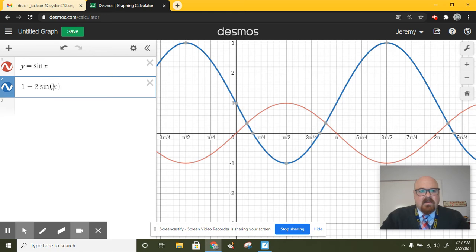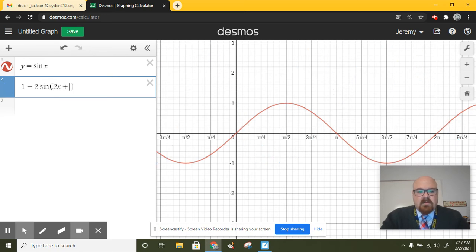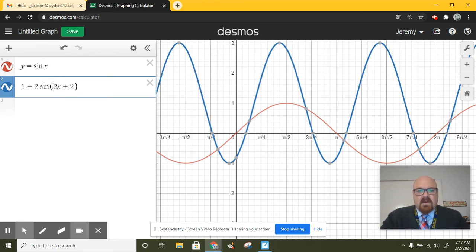Now inside here, when we have 2x plus 2, okay, so now we're going to be off the scale here a little bit because we've moved the point. We've moved to the point that was shifted up 1, right? That was supposed to be the x-axis or the intercept point, and we have it here at -1, 1.